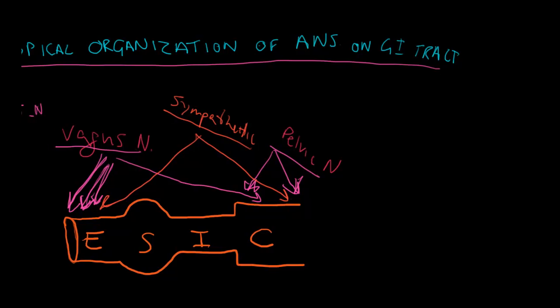And in general, the sympathetic nerves inhibit motility and secretion, and cause vasoconstriction.